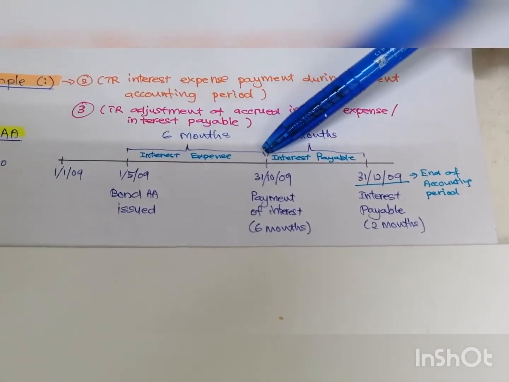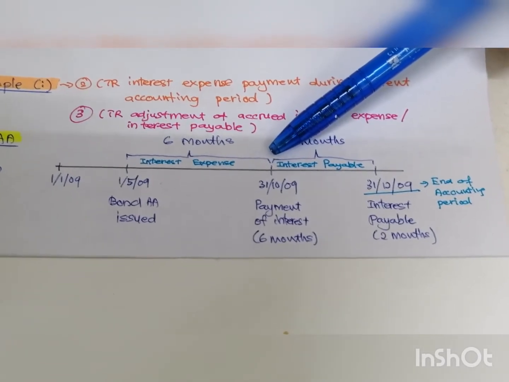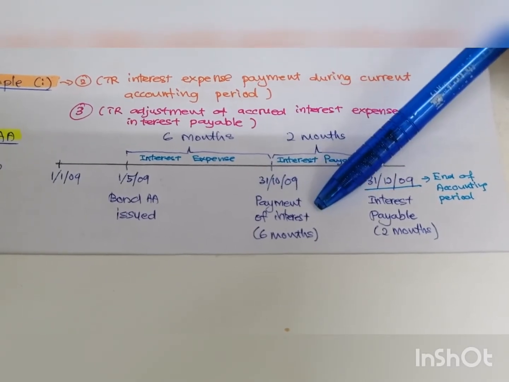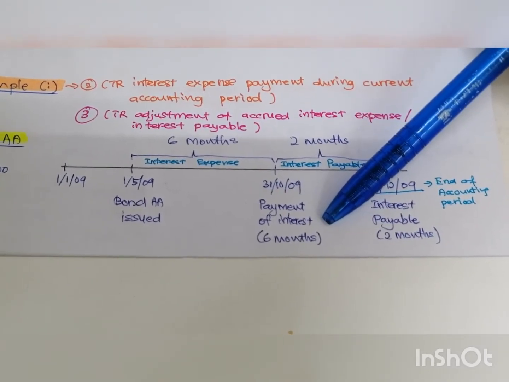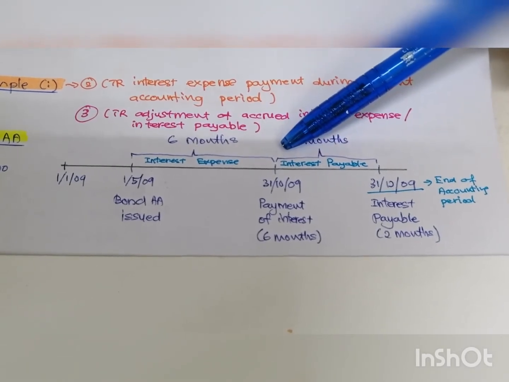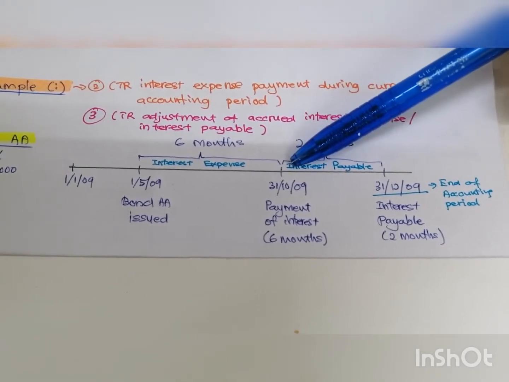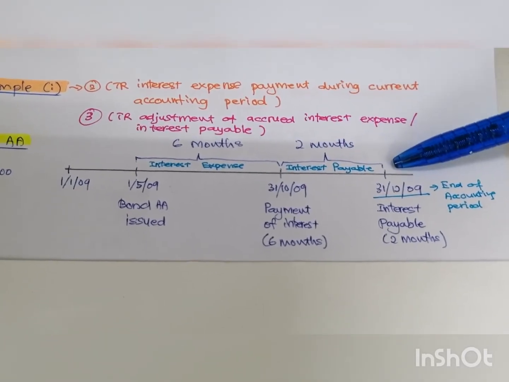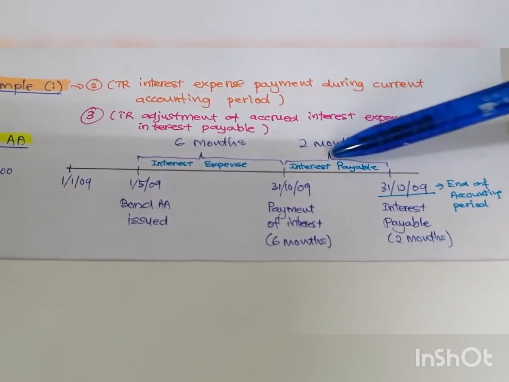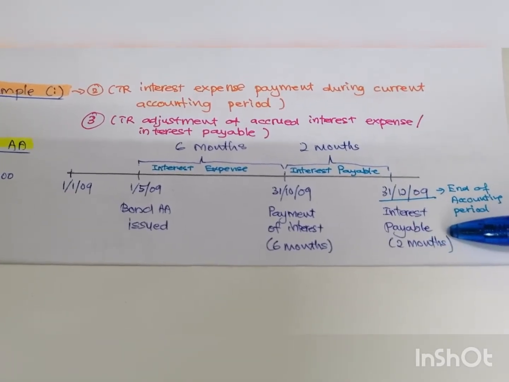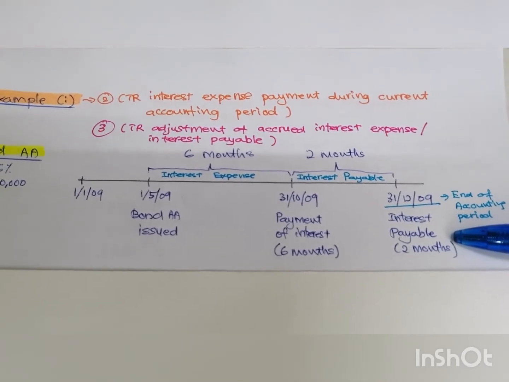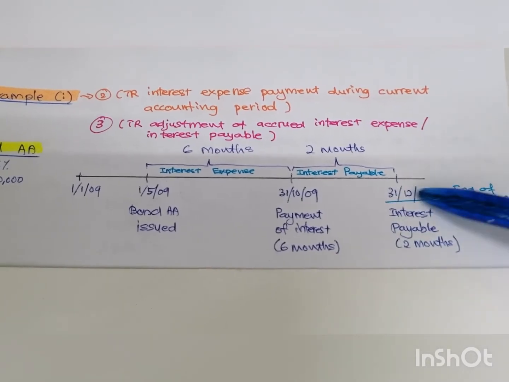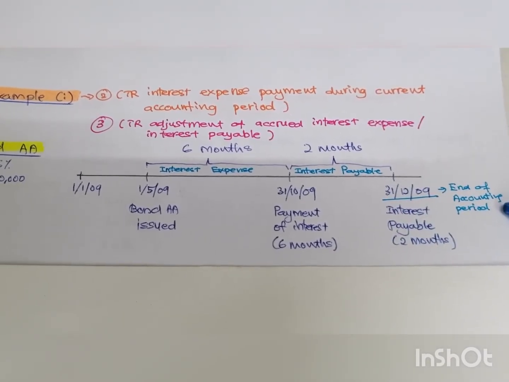After 6 months, on 31st October, under this date we will need to do the payment of interest. Then from 31st October until 31st December, this is only 2 months. That's why we need to do the adjustment for the interest payable. Here we will count the interest payable at the end of the accounting period.